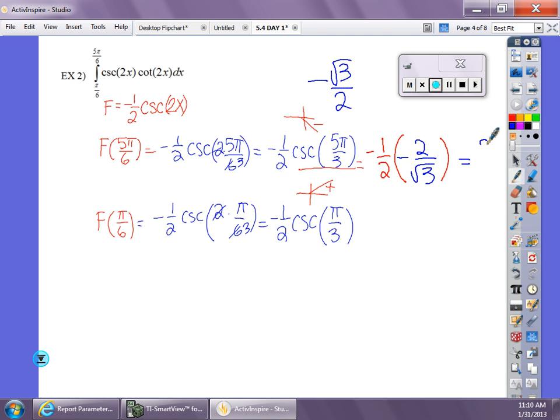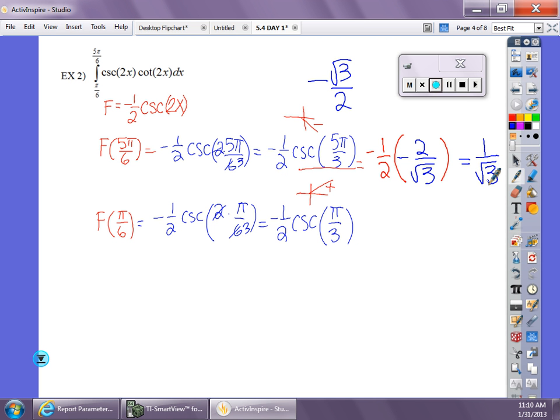Simplifies to 1 over square root of 3. Nice thing about AP Calc, you don't have to rationalize your denominators unless it's multiple choice and their answers are rationalized. When you get an answer and your answer doesn't look like their answer, then you have to simplify yours fully. If this was free response and you wrote that answer, it would be accepted.